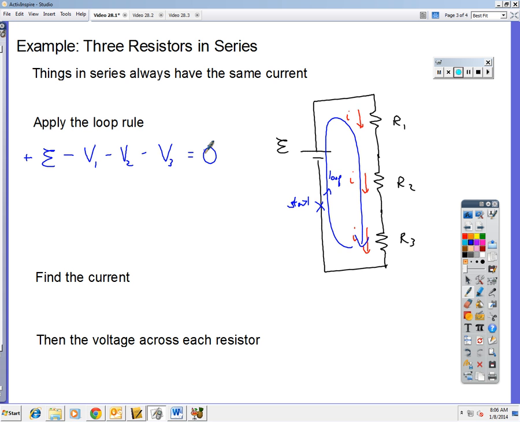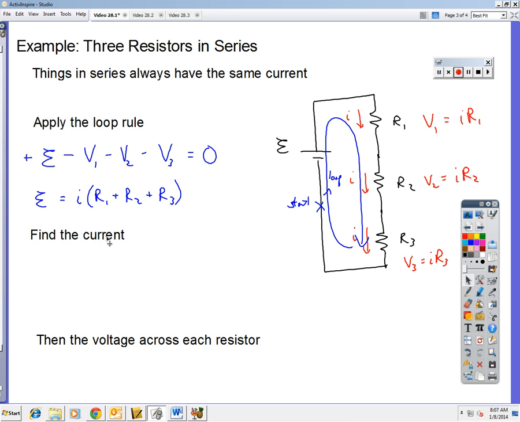Now the other thing I can say is that the voltage V1 equals I times R1, V2 equals I times R2, and V3 equals I times R3. And so this equation turns into EMF equals I times (R1 plus R2 plus R3).